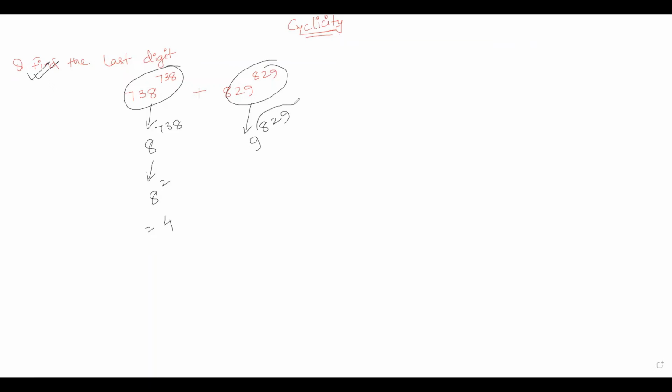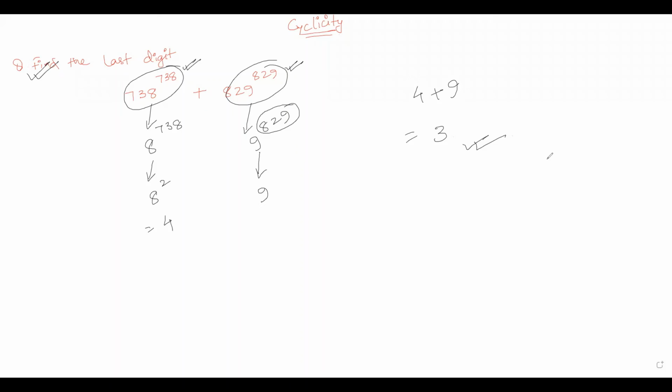Here, the power is odd, so the last digit of 9 raised to power 829 would be simply 9. So this number has the last digit as 4 and this number has the last digit as 9. So the last digit of the summation of these two numbers would be 4 plus 9, that would be 3.